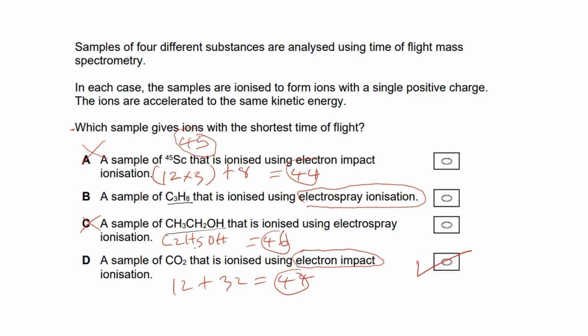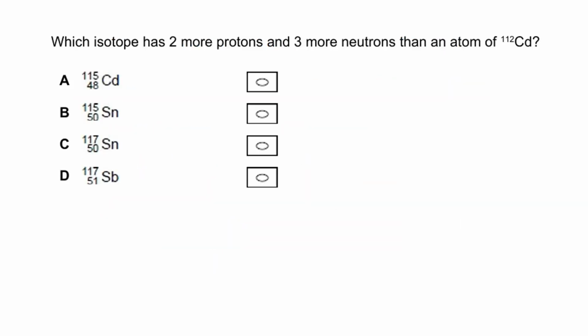Okay. So let's look at another question. It says, which isotope has 2 more protons and 3 more neutrons than an atom of cadmium 112?